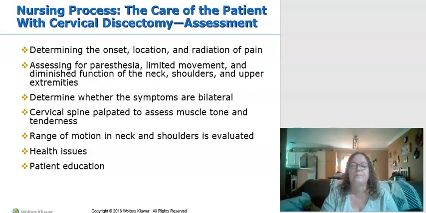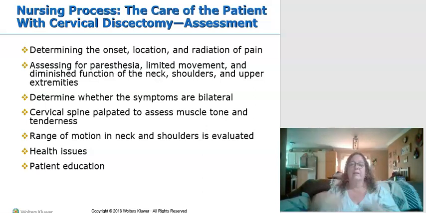Determine whether the symptoms are bilateral or unilateral, right? These symptoms are usually unilateral. Do cervical spine palpation to assess for muscle tone and tenderness.